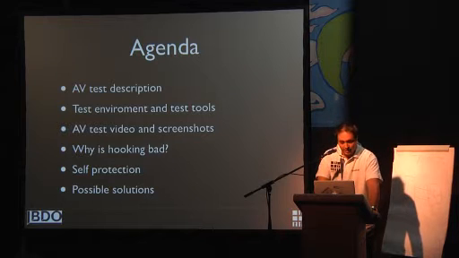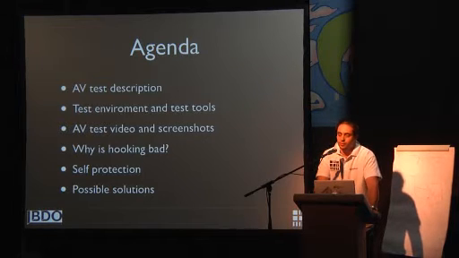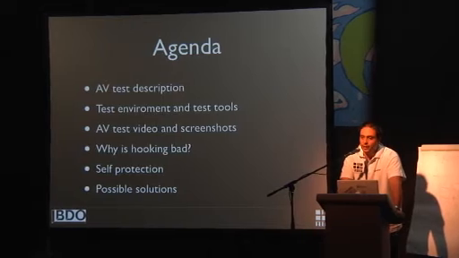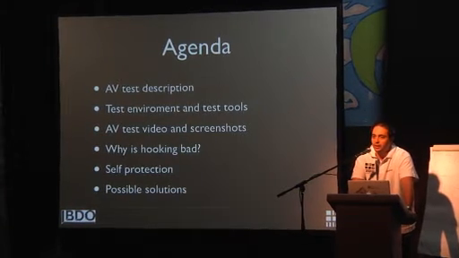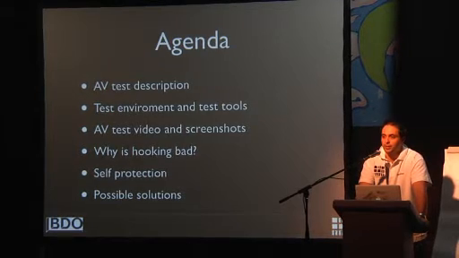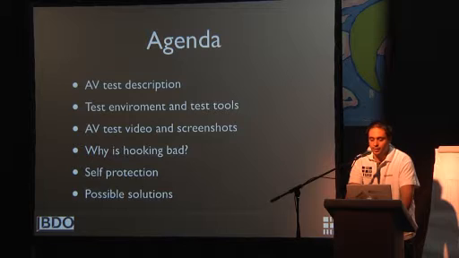After the presentation, we will have some discussions. My agenda is about the antivirus test description, what the test environment was, what test tools were used, and what I wanted to do against the antivirus products. Did they withstand? They fought a little, but then they failed.